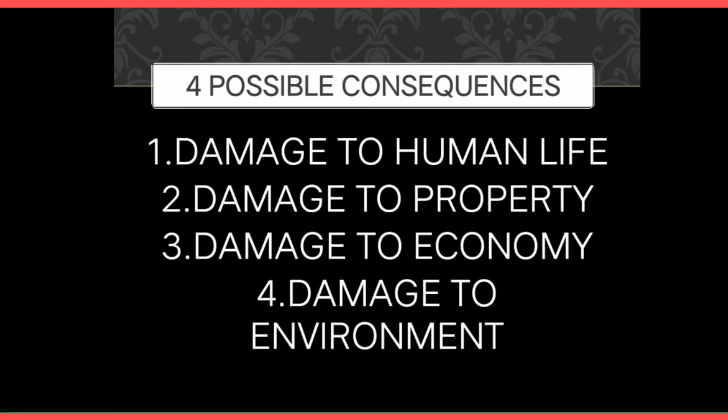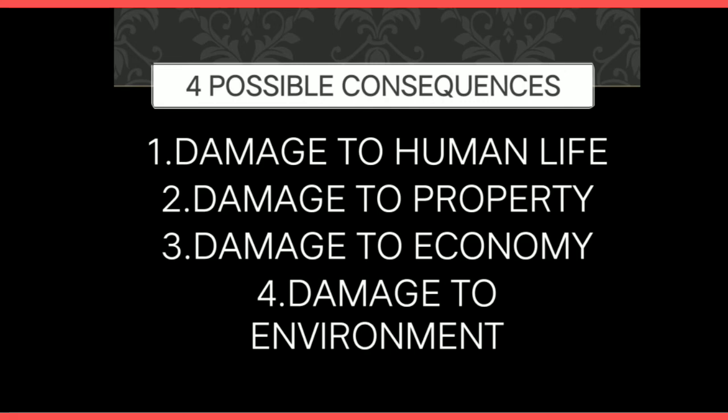Now in this slide we are going to evaluate all the possible consequences of these disasters. If we evaluate in detail, there are four possible consequences of a disaster like a calamity.